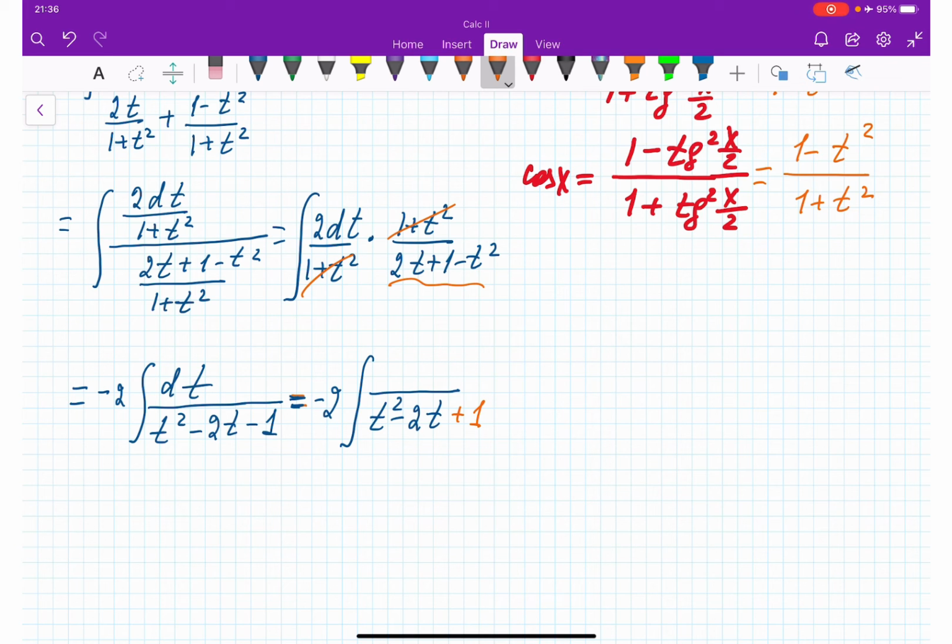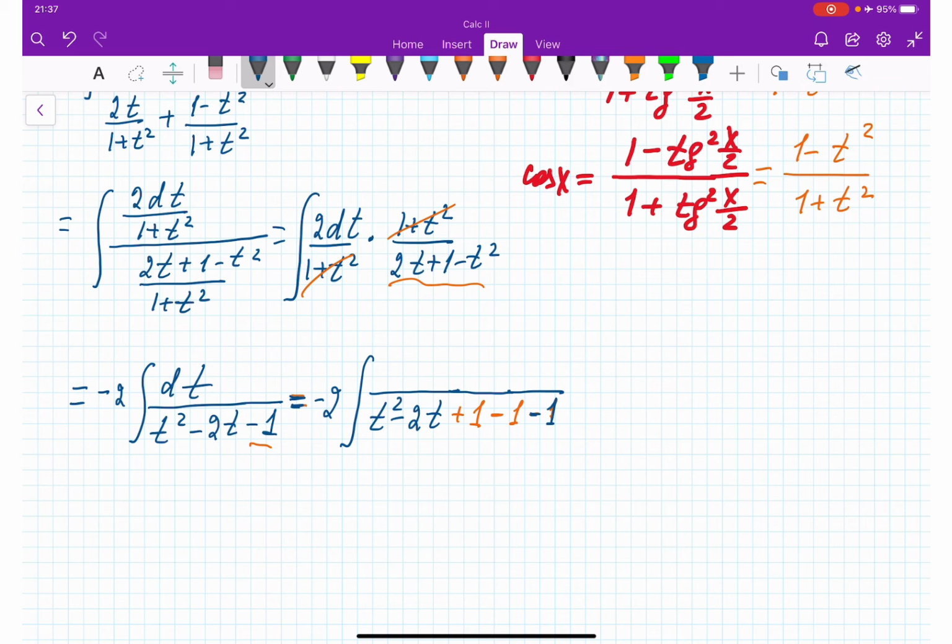So I put plus 1, but because I dare to disbalance the fraction, I'm going to make sure it won't be disbalanced, so I added 1, I subtract 1 right away, and this negative 1 that was there, I'm writing down right here, minus 1.